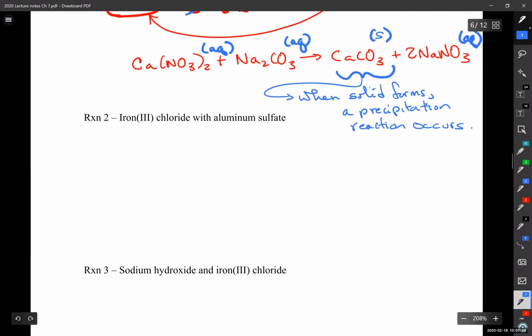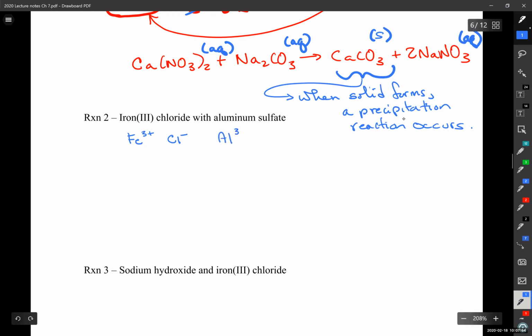All right, so iron 3 chloride with aluminum sulfate. So what's iron 3 chloride? Fe3 plus. And chloride is Cl minus, right? What's aluminum? Al. And where is it on the periodic table? What group number is that? 3, right? So it's Al3 plus.